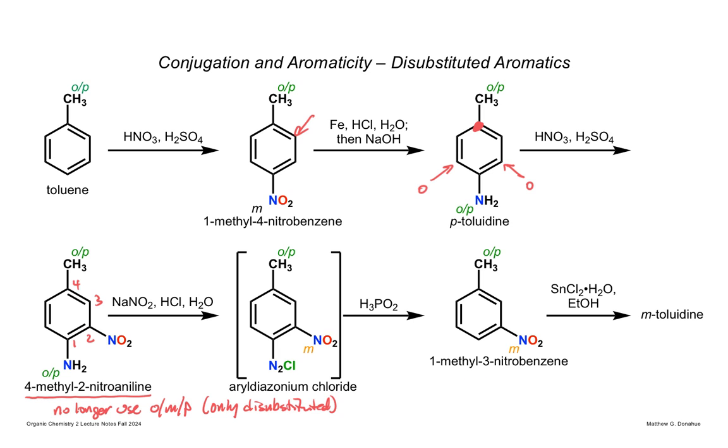So we've installed the N, reduced it, taken advantage of its directing group ability to install the other nitrogen. We're now going to remove it or deblock it. And then we just need to reduce that to get the correct oxidation state of meta-toluidine, which has the amino group. So that's our strategy for making that substitution pattern with the 1-3 relationship.